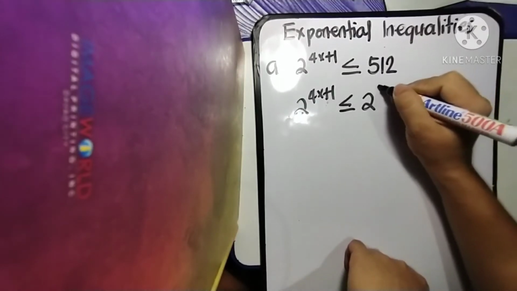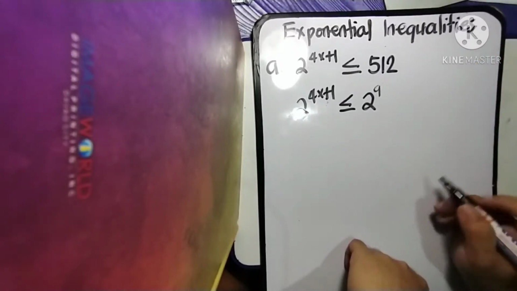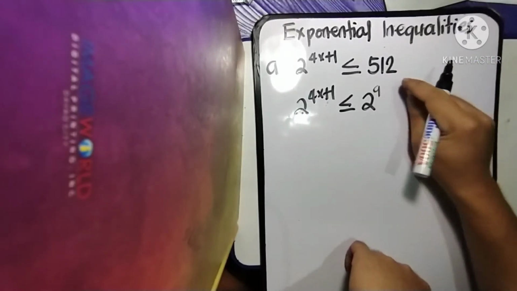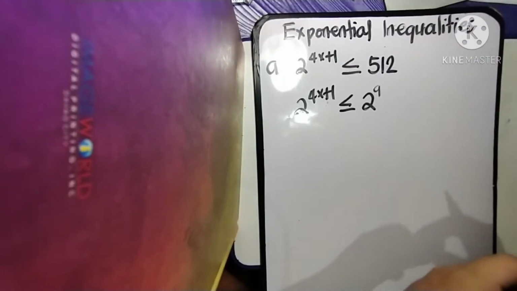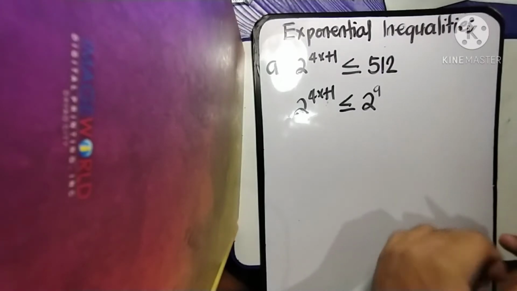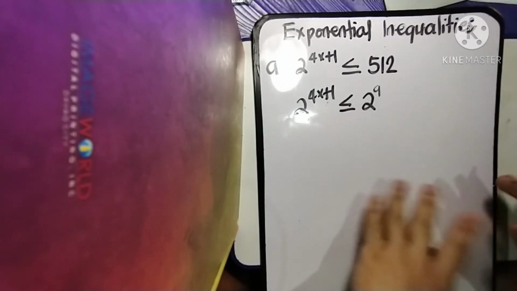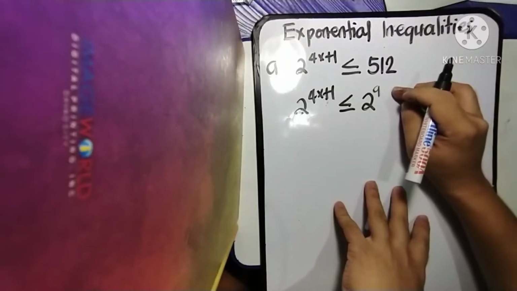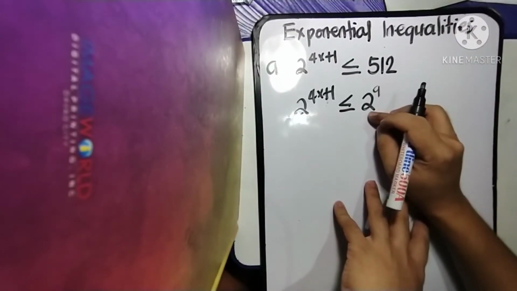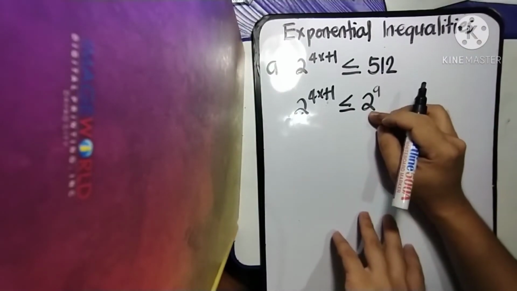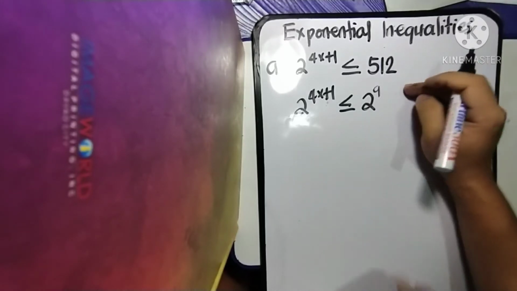So, what number is our exponent? It is positive 9. So, 2 to the power of 9, or 2 times 2 times 2 times 2 times 2 times 2 times 2 times 2 times 2. Meaning to say, the exponent indicates how many times we multiply 2 by itself. So, we have 2 to the power of 9.